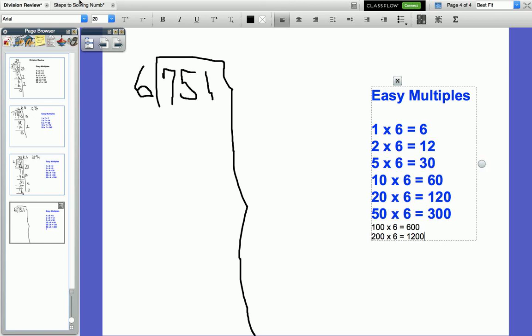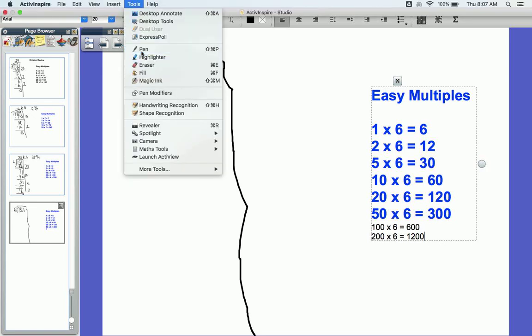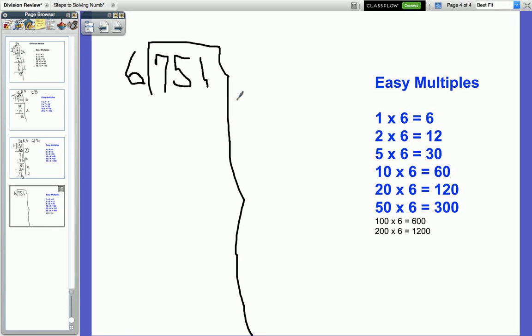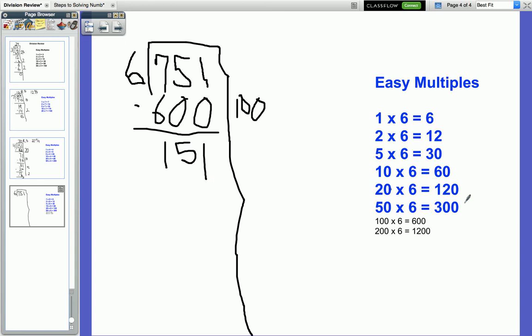So what I can do is I can use 100 groups of 6, and that would be 600. And then I have 151 left. The closest one I can use is 20 groups of 6 for 120.